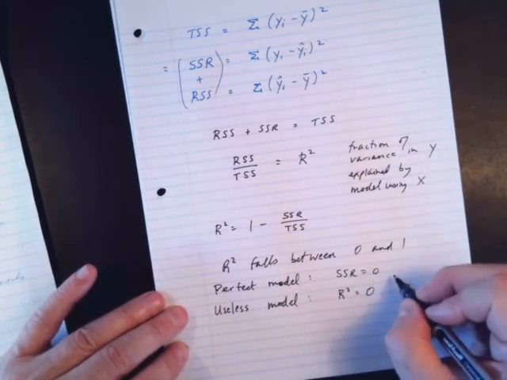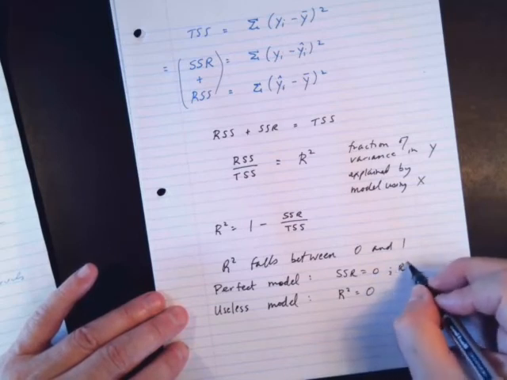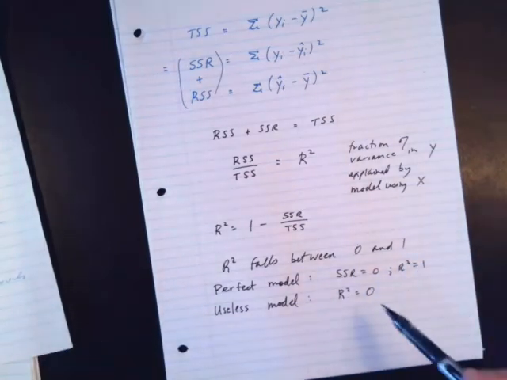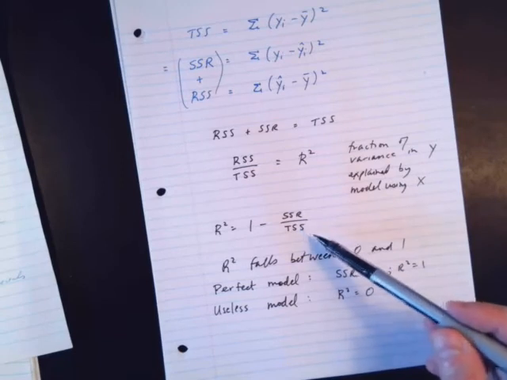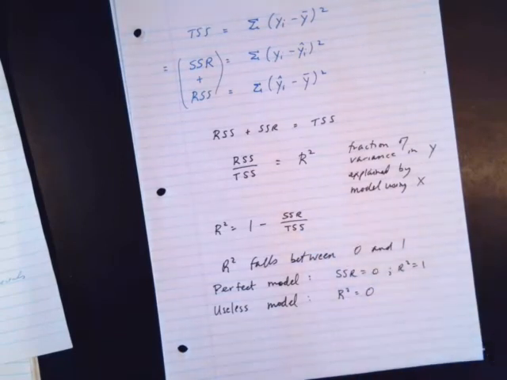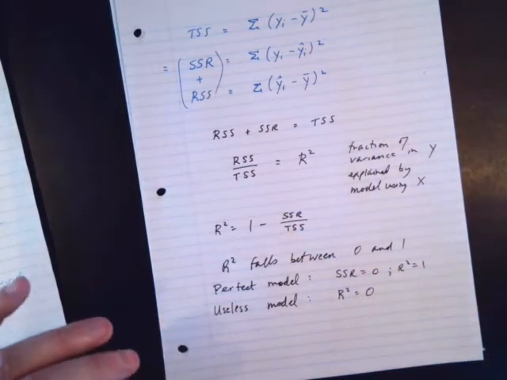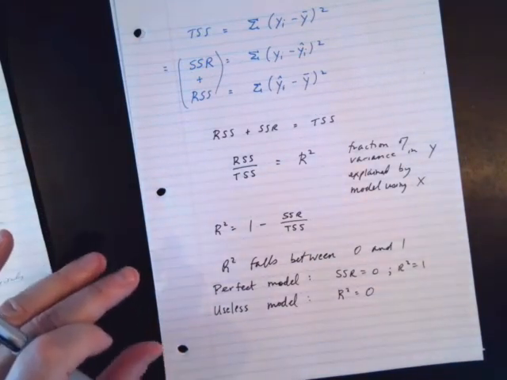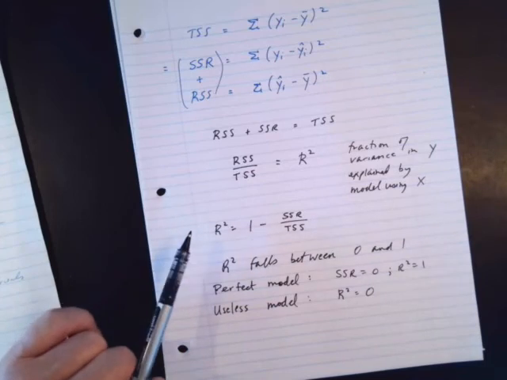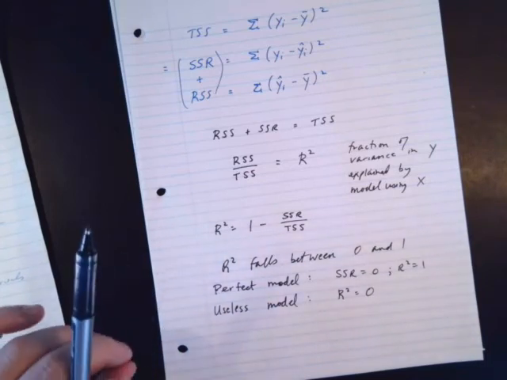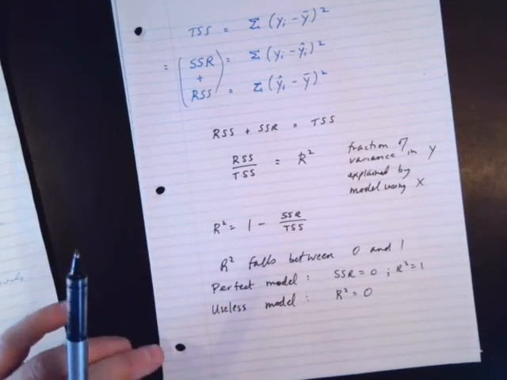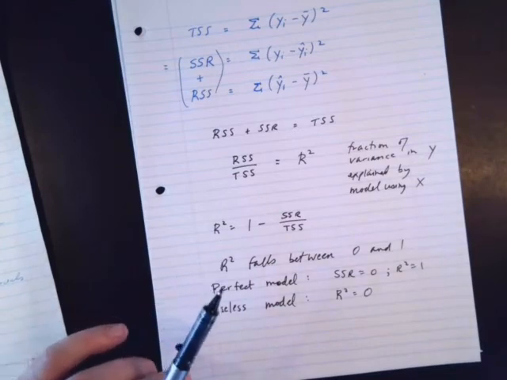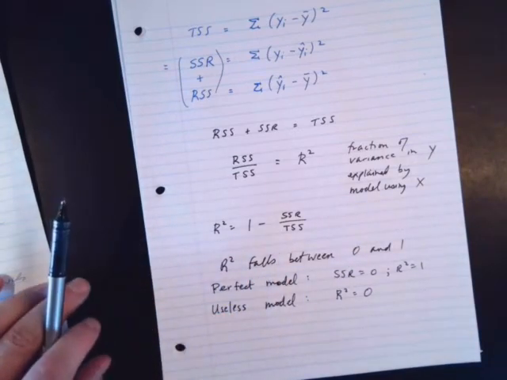So if the sum of squared residuals equals 0, then R squared equals 1. If the sum of squared residuals equals the total sum of squares, then R squared equals 0. So, with linear regression estimates, now we have R squared, a summary statistic that tells us the fraction of the variance in Y explained by the model using X.